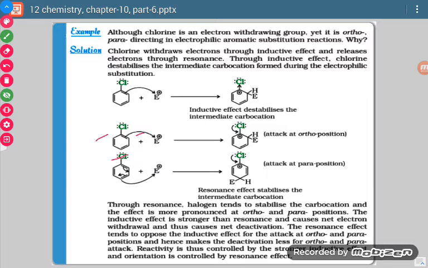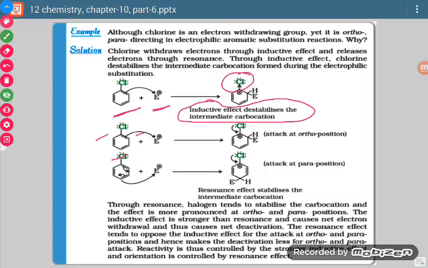Now when an electrophile is added and gets attached to the ring, then Cl plays its role, meaning the inductive effect plays its role, and it tries to destabilize the intermediate carbocation formed. But its effect is less at the ortho and para positions and more at the meta position.